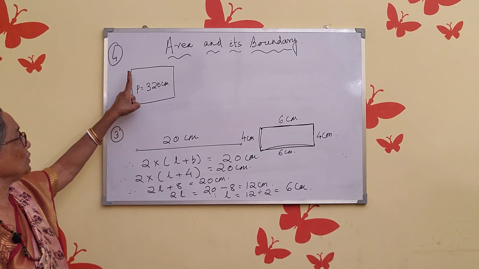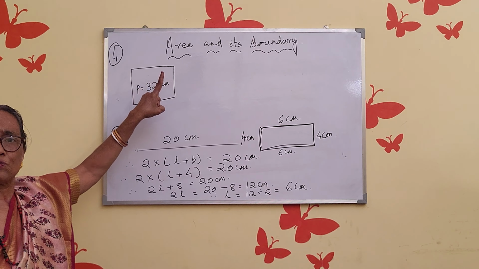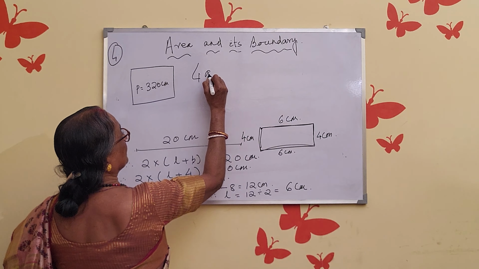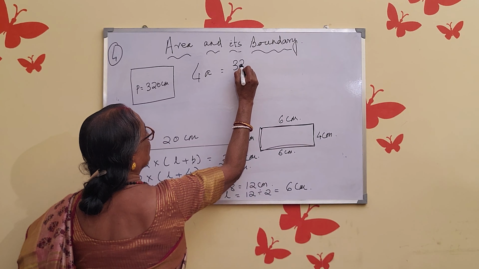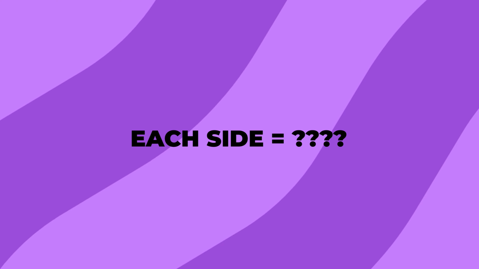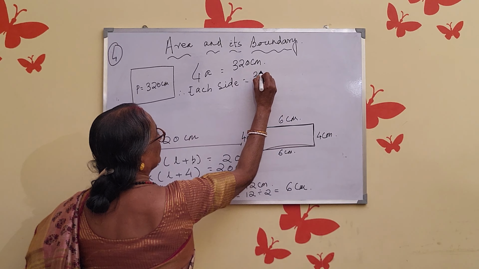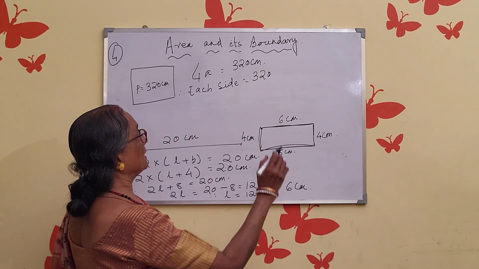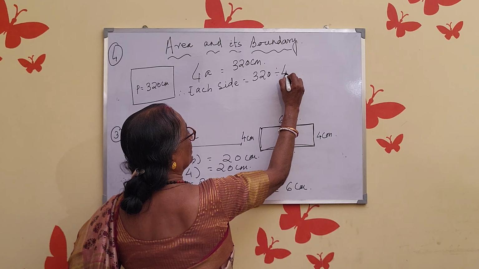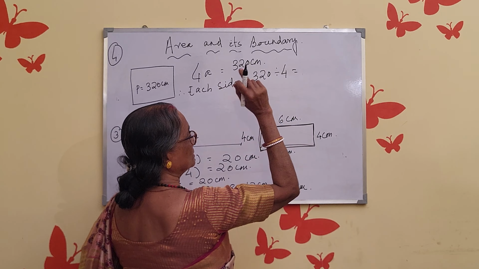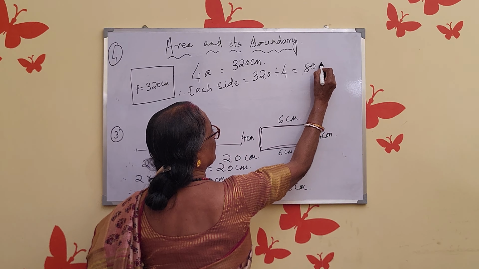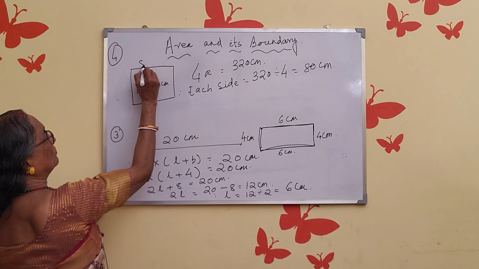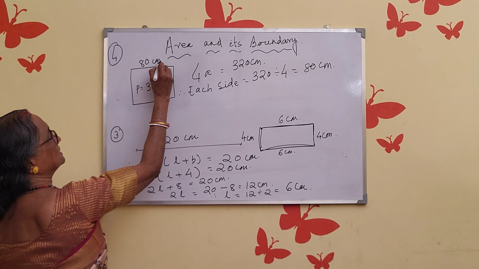How? First, we know that perimeter of a square is 4 into each side. 4 into side is 320 centimeter. Therefore, each side is 320 divided by 4. That is 8 4s are 32, 80 centimeter. Okay. Therefore, each side of this square is 80 centimeter.